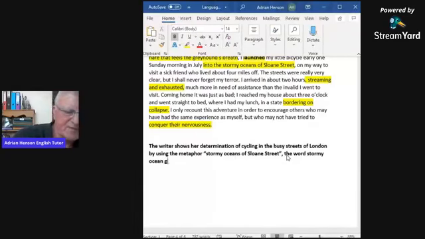It gives an impression of a wild, aggressive street, which implies that the street is very busy and full of traffic.